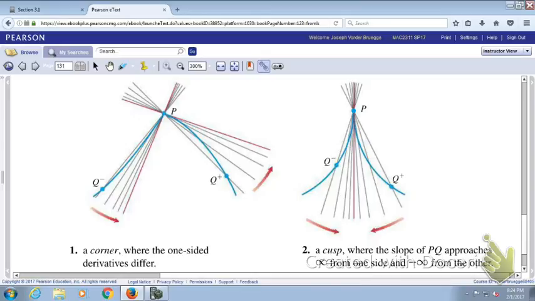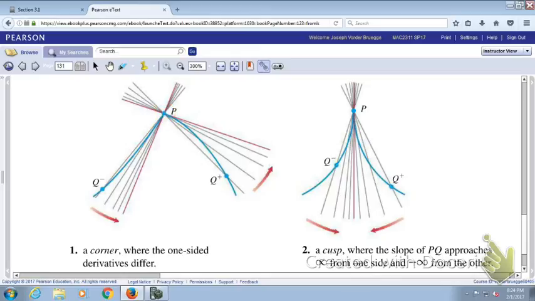So let's look at this first example where we have what they very intellectually call a corner. All right? So my graph comes up and then it has a sharp turn. It makes a corner. All right? Now here's the thing. Is the function defined at that corner? Yeah, the point's there, right?